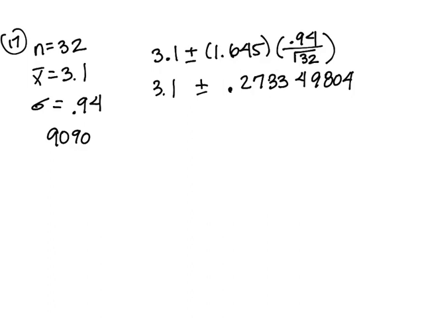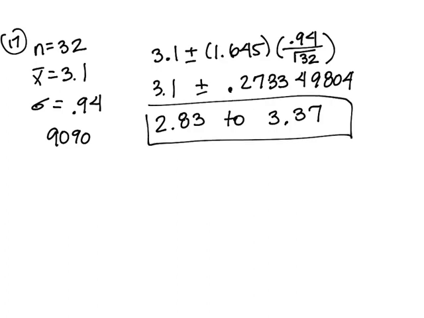And I'm going to keep that in the calculator and subtract it from 3.1. And this is rounded to what, 2 decimals? So this is 2.83 to 3.37, which is what, D? Questions?